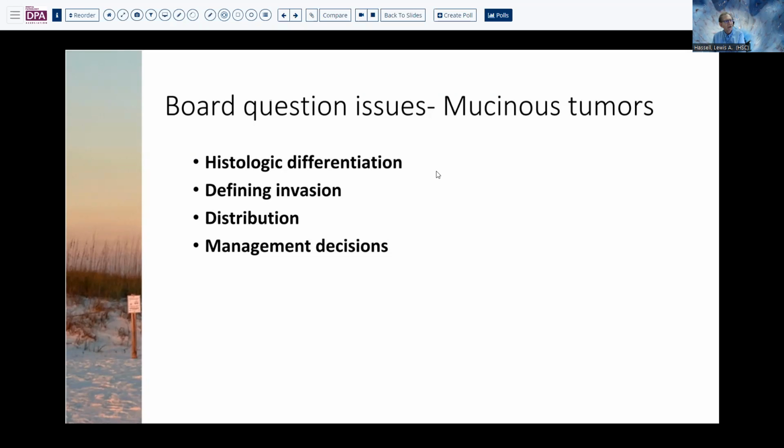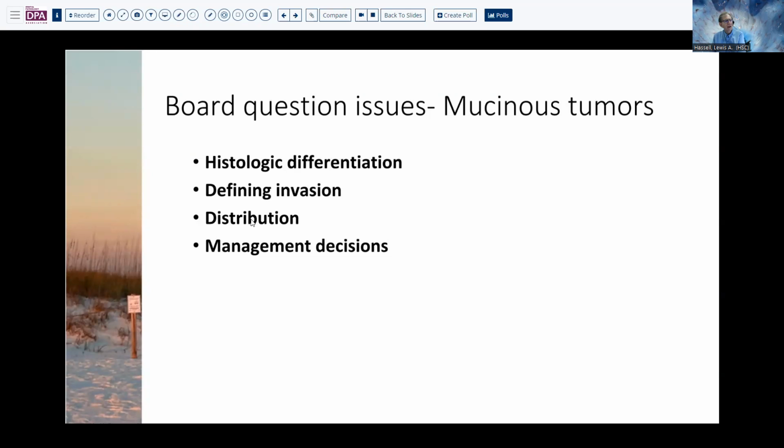Either one can show varying degrees of dysplasia and invasive carcinoma. Defining invasion is a little bit more tricky in some circumstances, but the usual conventions that we use within the pancreas and other areas tend to apply in terms of nuclear pleomorphism, glandular epithelium in the wrong locations, rather than strictly the desmoplastic response.